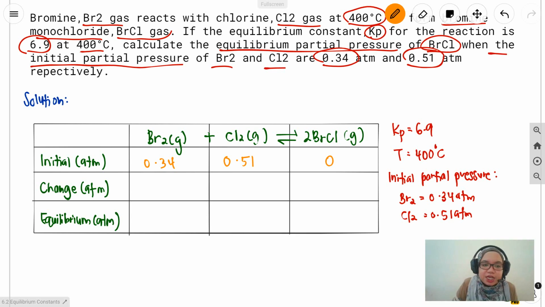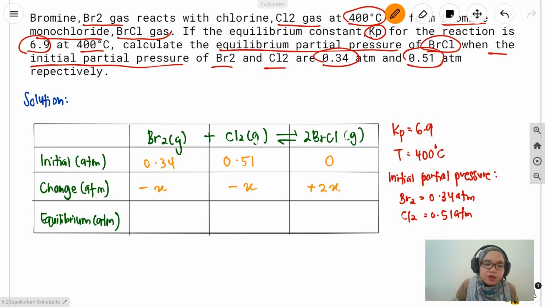Okay, next, change. So for the reactant, always negative sign. For the product, always positive sign. So it's negative X because the stoichiometric coefficient is 1 here. This one also minus X. This one positive because it is product and the stoichiometric coefficient is 2. So 2x.